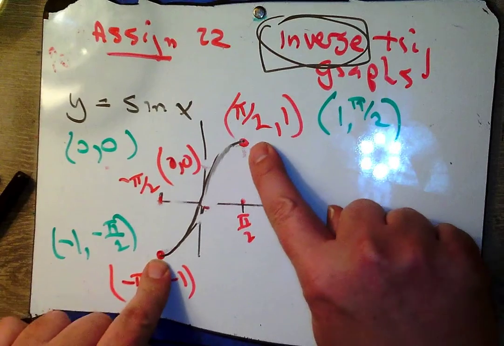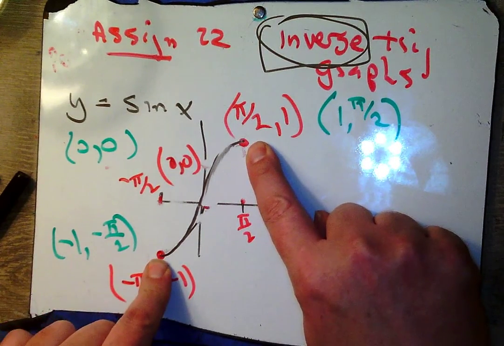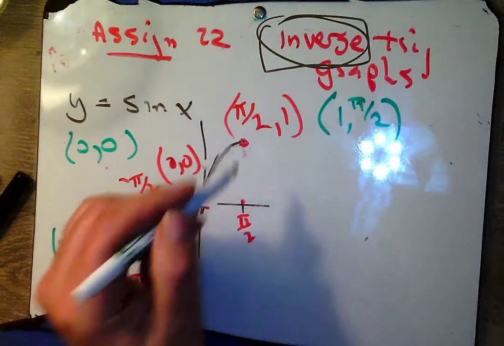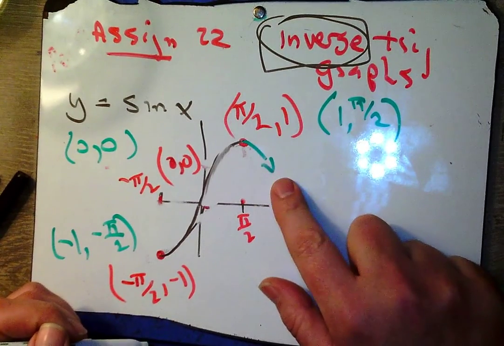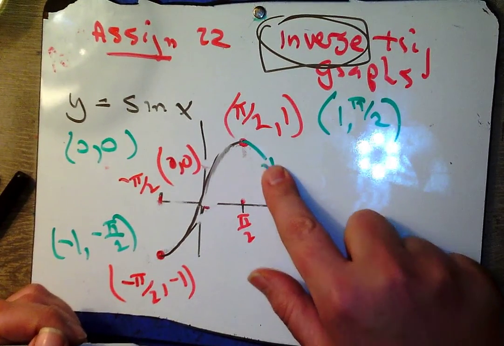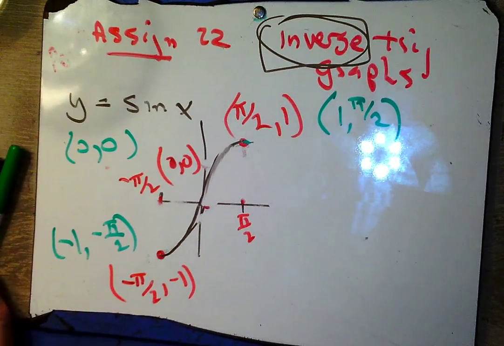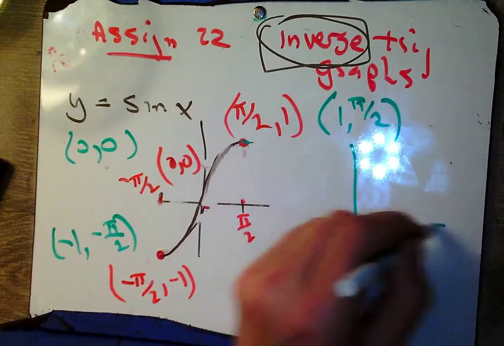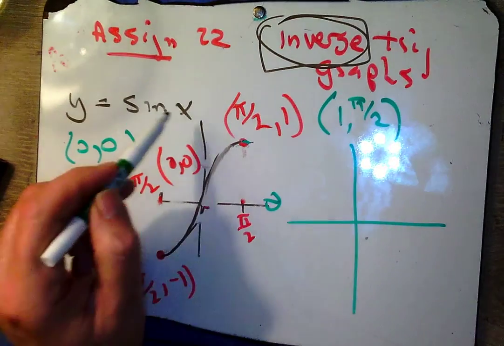And notice here, these are endpoints. The function starts here, ends here, full stop. If you do this, Justin's going to mark that wrong because this graph can't go further, it fails the horizontal line test. Okay, so let's plot these points. And notice here that on the regular trig graph, that's an angle.